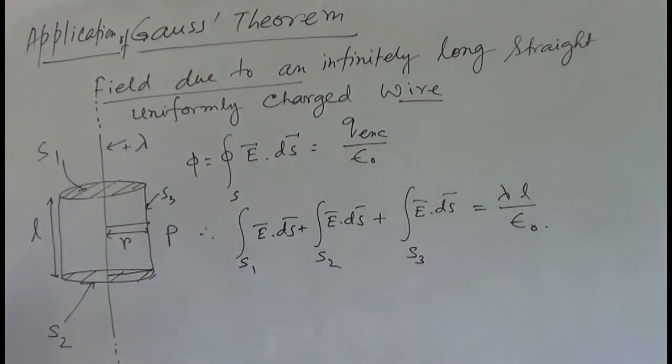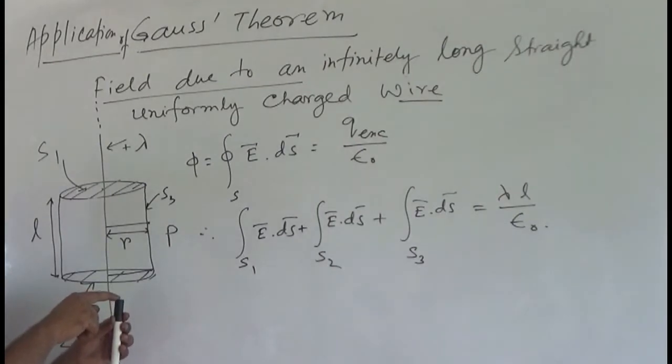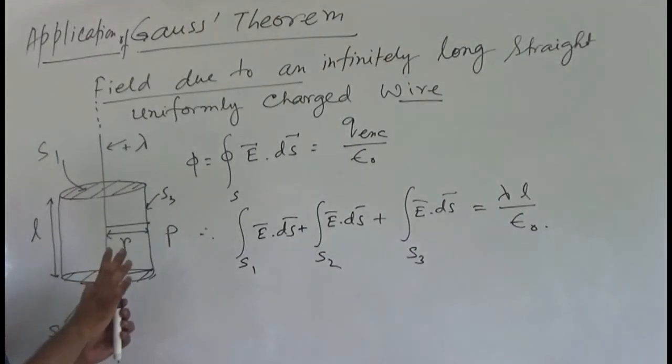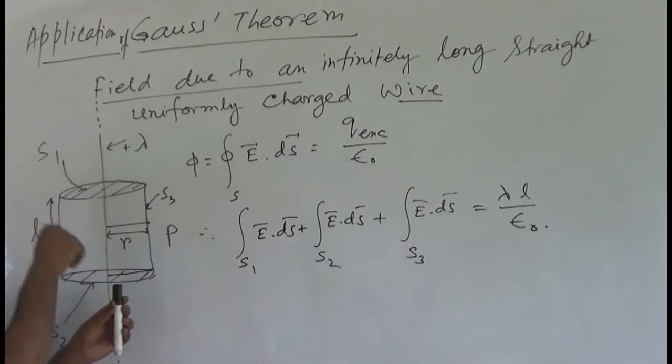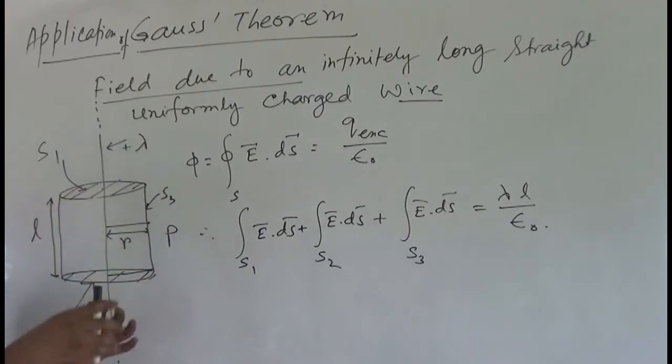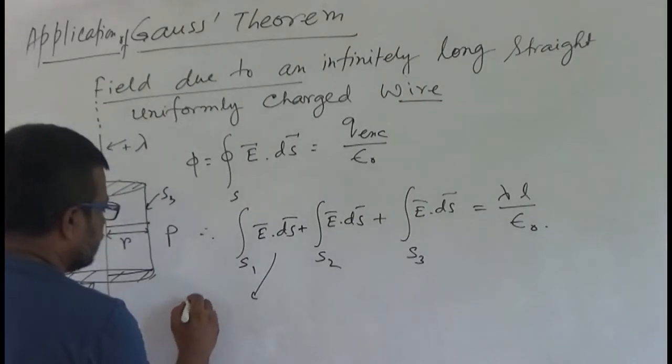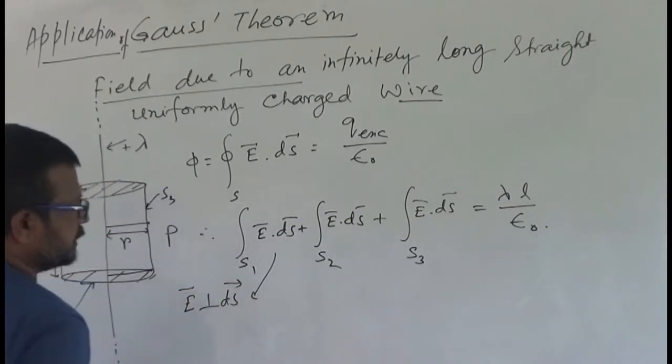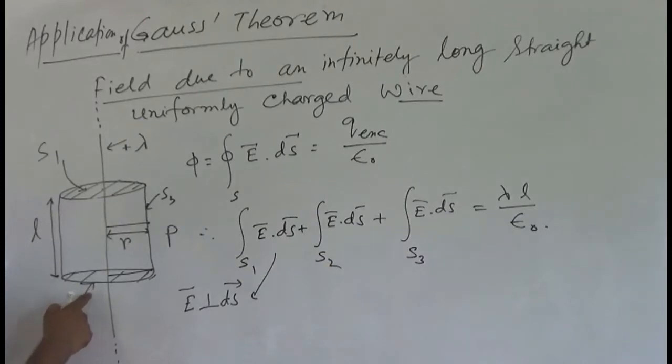Now see here, we have already said that the field at the top surface will be along radial, and the direction of the surface area will be along the upward direction. That means on the top of the cylinder, E is perpendicular to ds. Similarly, at this bottom surface, E is radial, but the direction of the surface is perpendicularly downward.